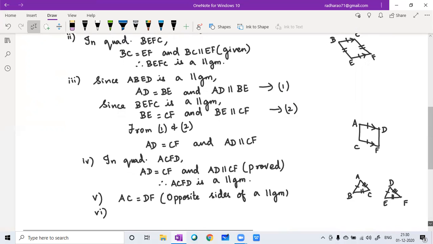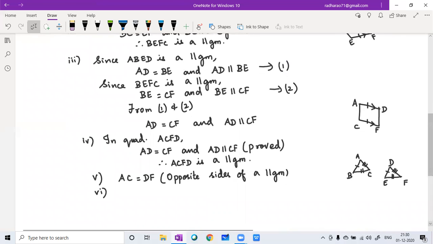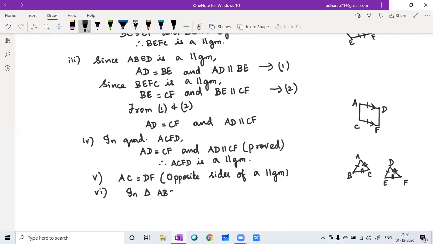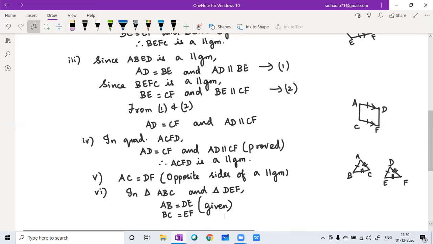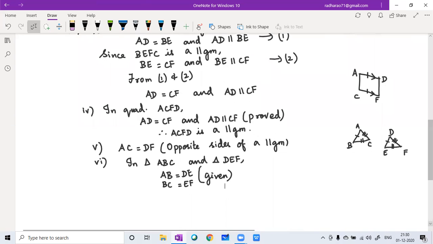So let us take those two triangles. What triangles? ABC and DEF. So in triangle ABC and triangle DEF, AB is equal to DE and BC equal to EF. These two are given in the question itself. And the third one, that is AC equal to DF, has been proved by us just now.